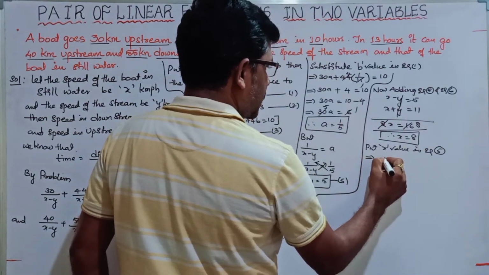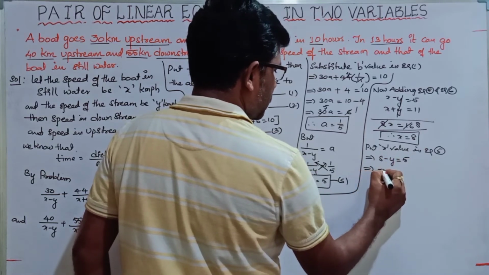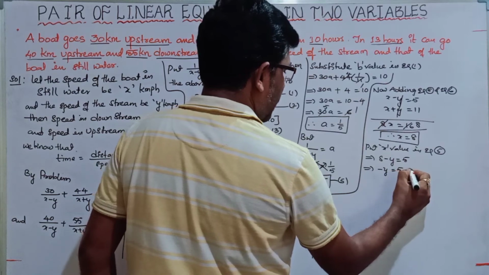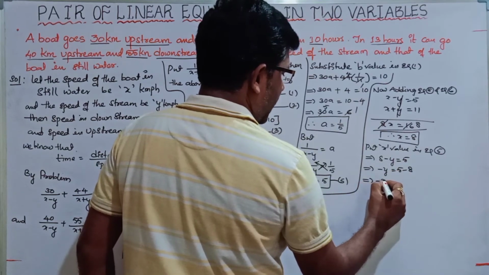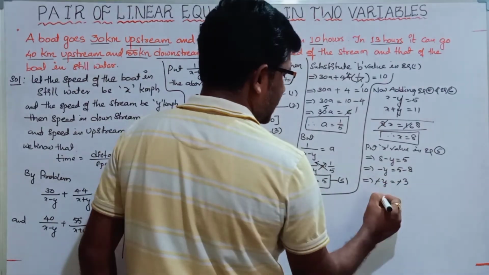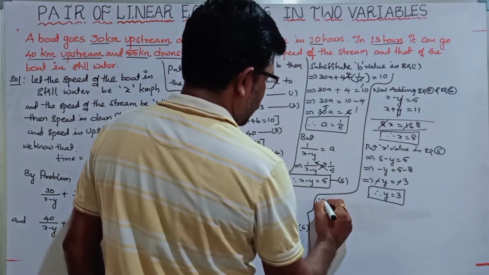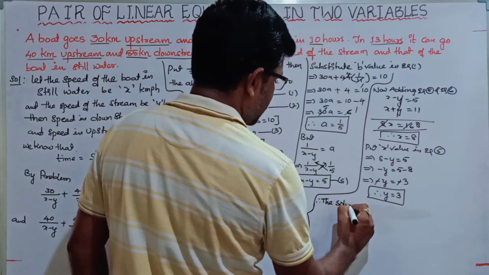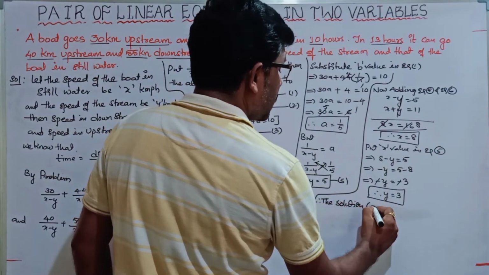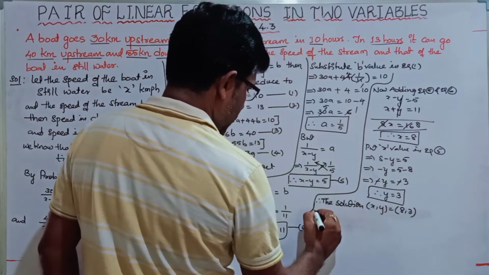It implies 8 minus y is equals to 5. It implies minus y is equals to 5 minus 8. Minus y is equals to minus 3. On both sides minus minus get cancelled. y is equals to 3. Therefore the solution x comma y is equals to 8 comma 3.